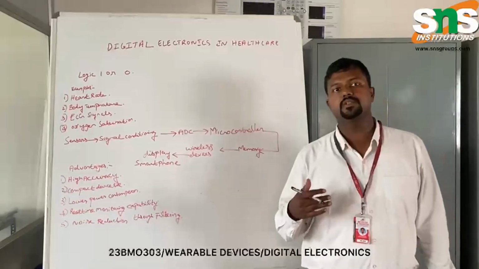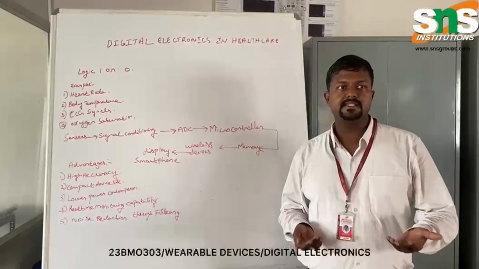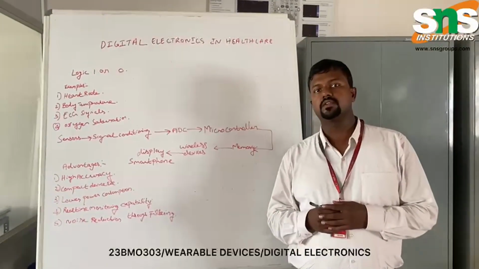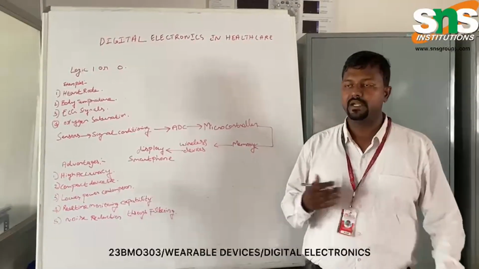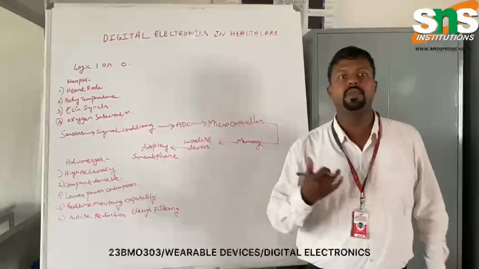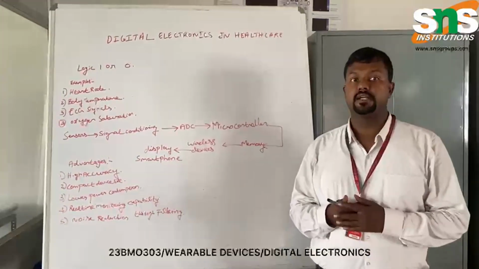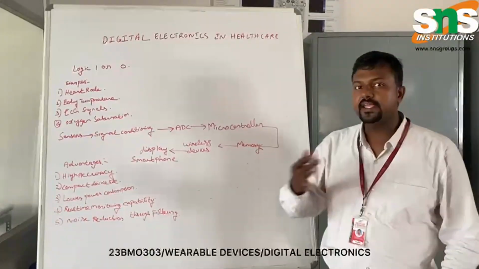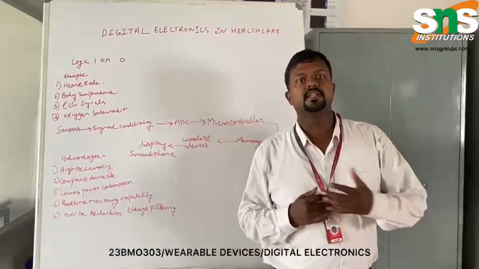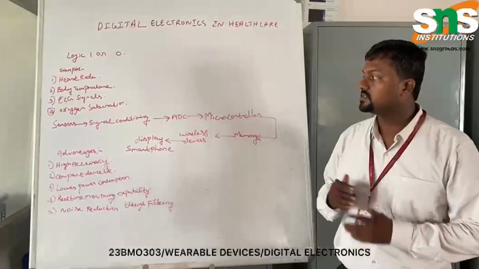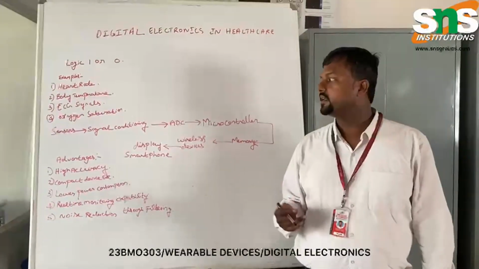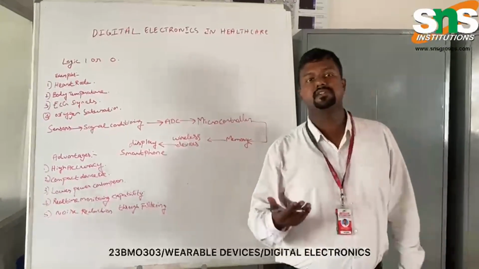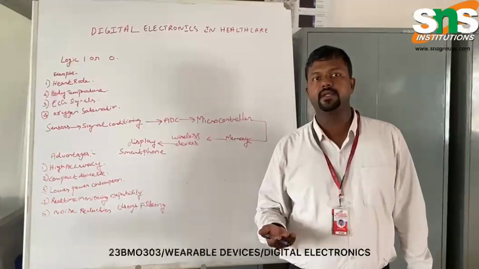For the basic operations we can use Arduinos, 8085 controllers, the ARM Cortex, etc. But when we want multi-level parameters, multi-level ICU analysis, critical monitoring, etc., these microcontrollers can be replaced with digital signal processors. Digital signal processors play a vital role in monitoring the parameters, because multiple functions can be performed at the same time.